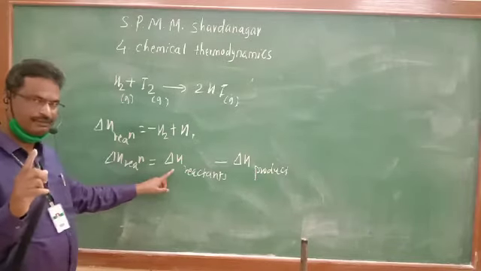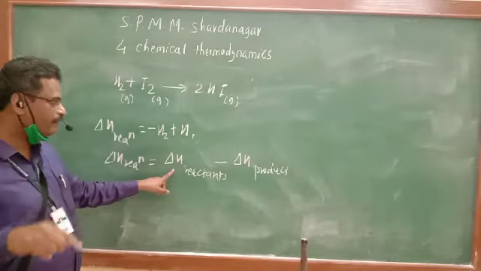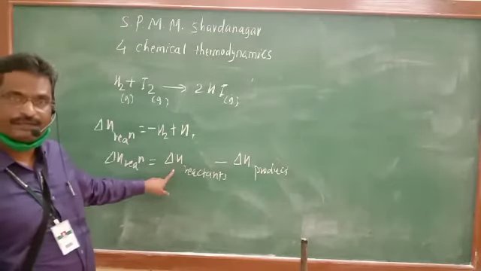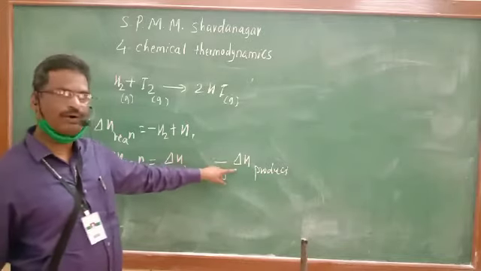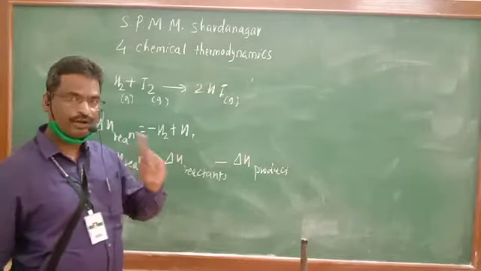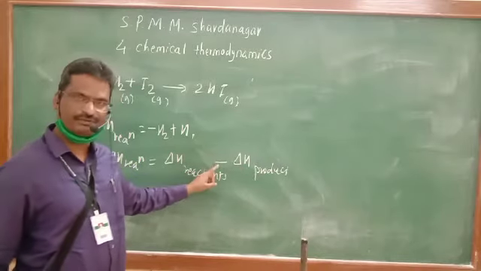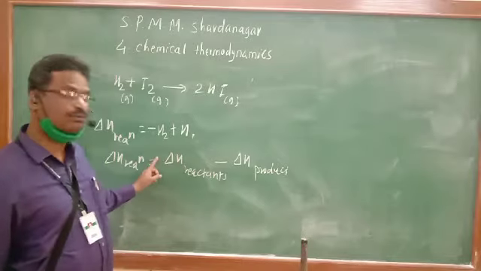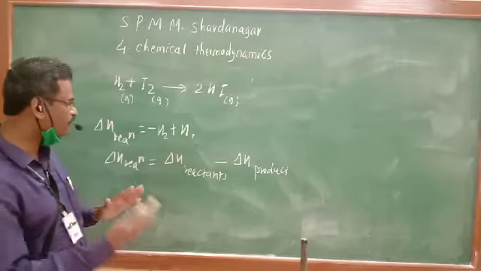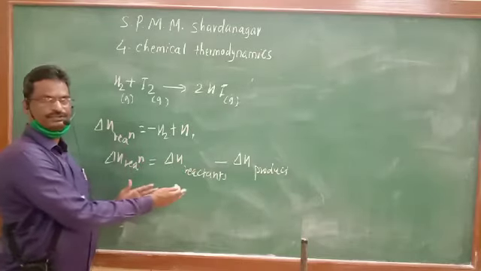Why is this opposite? I have explained that during the chemical reaction, old bonds are broken and new bonds are formed. Formation of bond is exothermic, therefore products will have a negative sign, and breaking of bond is endothermic, so reactants will have a positive sign. And here the formula is opposite.